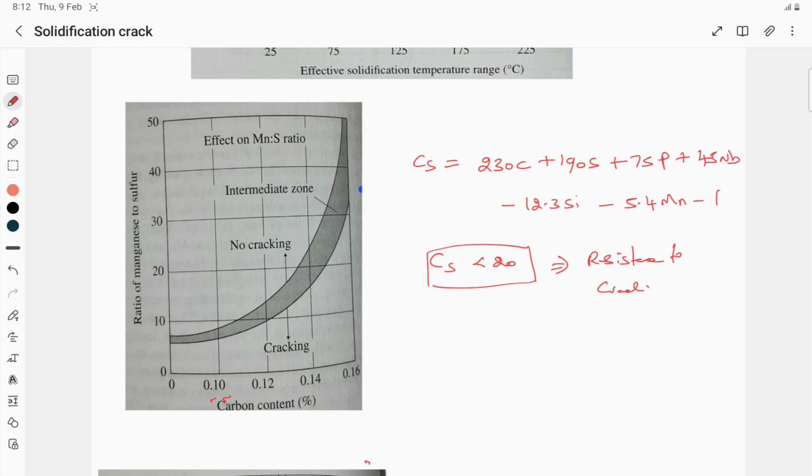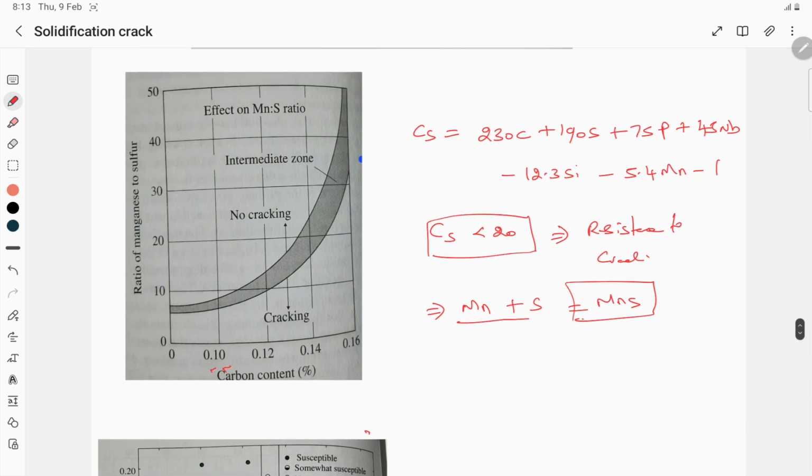Another aspect of chemical composition is that the presence of manganese in any material helps minimize the formation of cracks, since it reacts readily with sulfur to form manganese sulfide. That is what is shown in this graph, with carbon content on the x-axis and the ratio of manganese to sulfur.